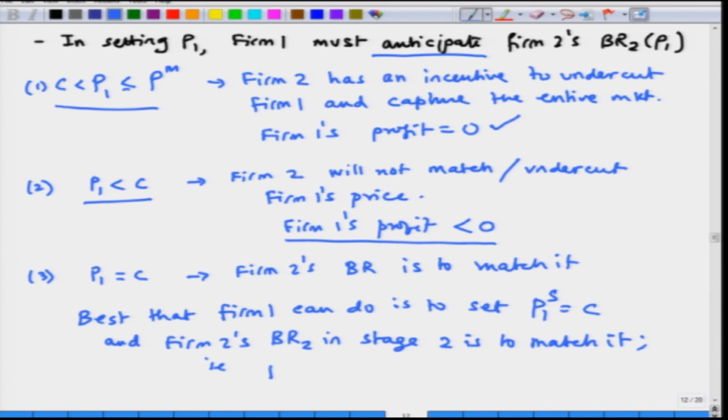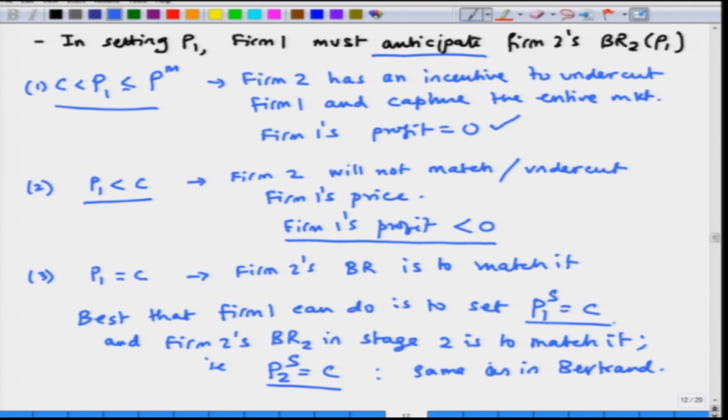That is, the price becomes equal to marginal cost, which is the outcome that we had under the Bertrand model, same as in the Bertrand model, right.